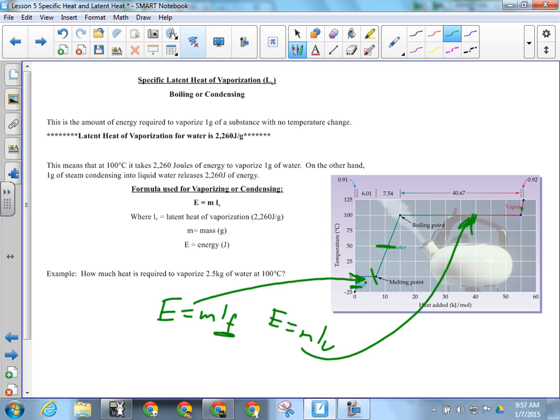I can only change the temperature of ice by what? 10. But a lot of people will plug that 40 in because they look, oh, it goes from -10 to 30, and they use it in every step. Well, you didn't change the temperature of the ice by 40. You changed the temperature of the ice from -10 to 0, which is only 10 degrees. So that's a mistake that sometimes people make that we want to make sure we avoid.